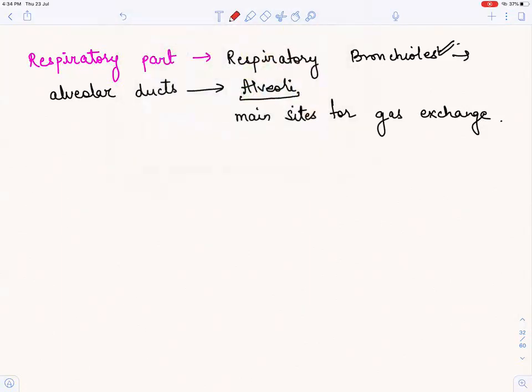If this is the terminal bronchiole that we have drawn, what will happen? It will give rise to respiratory bronchioles, and these will give rise to the alveolar ducts.